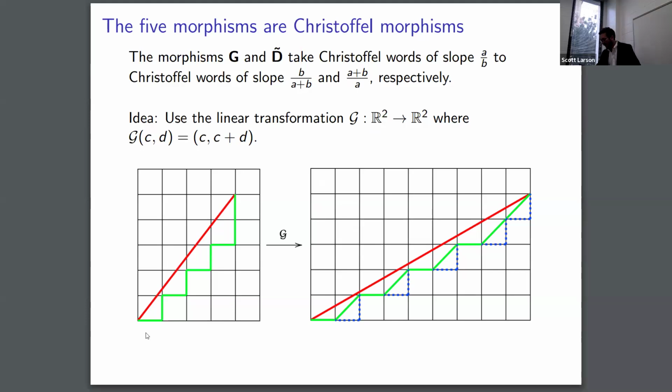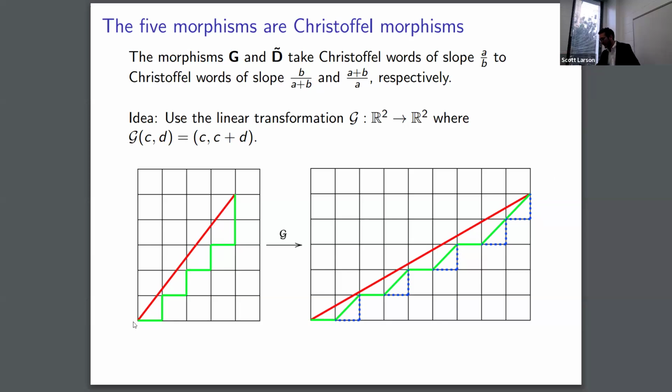You can see in this graphic here, I have this Christoffel word, the one of slope 5 over 4. If you apply this linear transformation to it, obviously the line of slope 5 over 4 gets stretched to, would that be 9 over 5? And then the path also gets stretched.